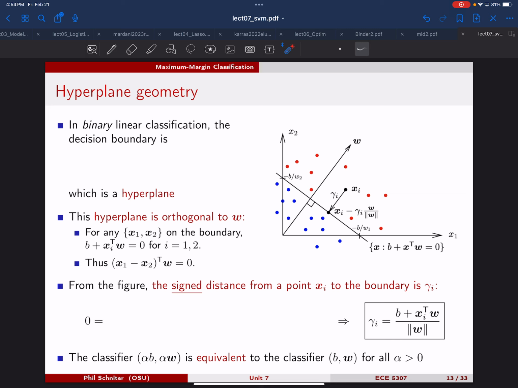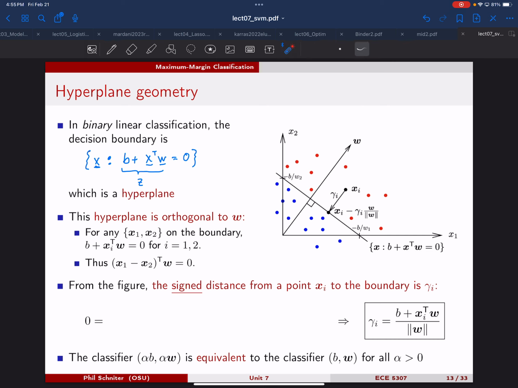But again, coming back to first principles, the important thing about the decision boundary is that it is the set of points, so it is the set of x values such that b plus x transpose w, which if you remember is the score z, takes on the value 0.